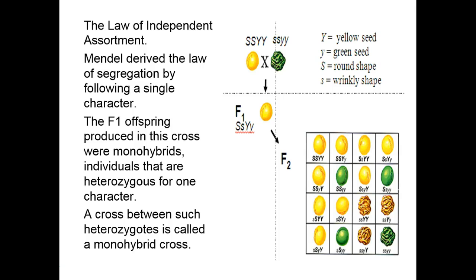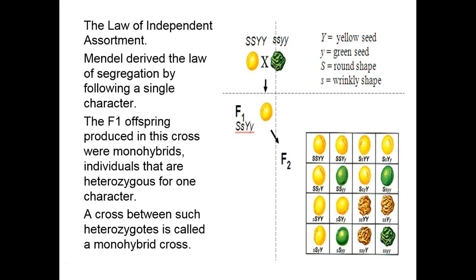I just said that the law of independent assortment, in terms of gametes, means that a single characteristic doesn't necessarily dictate what other characteristic will come with it. And so the law of segregation can follow a single characteristic.